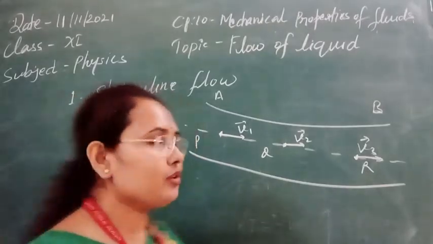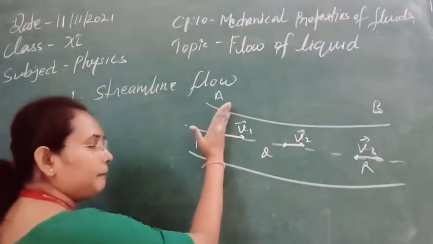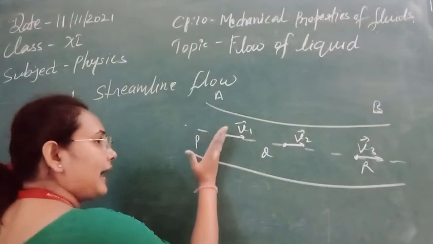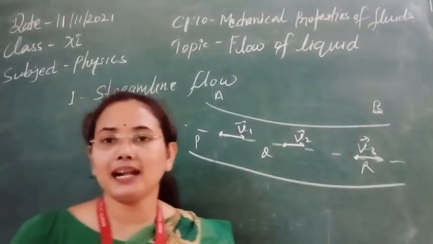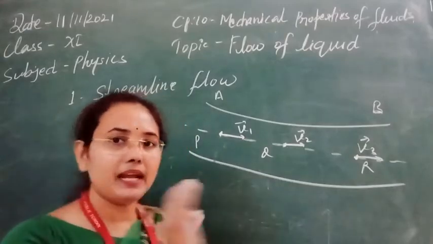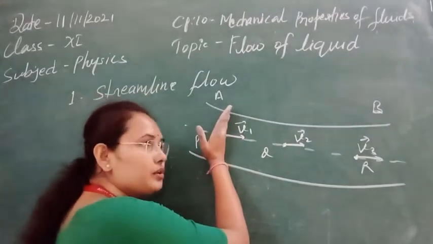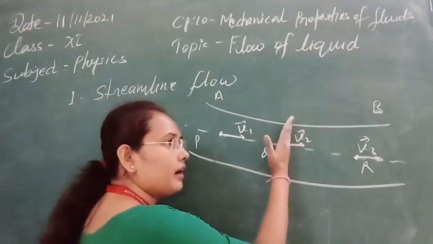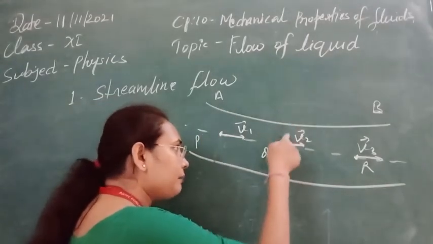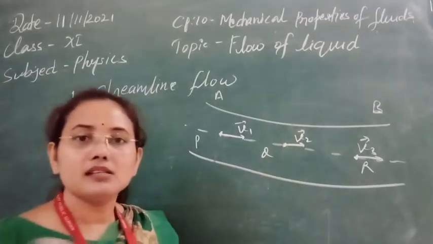So in a streamline flow, simply put, if you put a plane here, then at every point of that plane, the velocity with which every liquid particle moves will be equal to V1, that is, the same. Again at this plane, if you see the velocity at every point, it will be the same velocity.